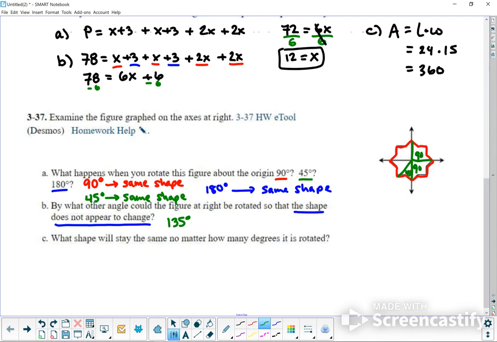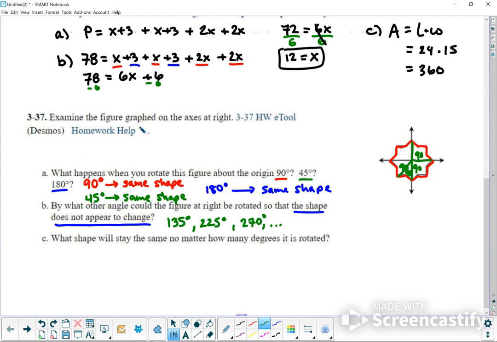Okay, so that's 180, 225. Or you can do 90, 90, and 90, which is 270. And you keep adding 45 or 90 from there.